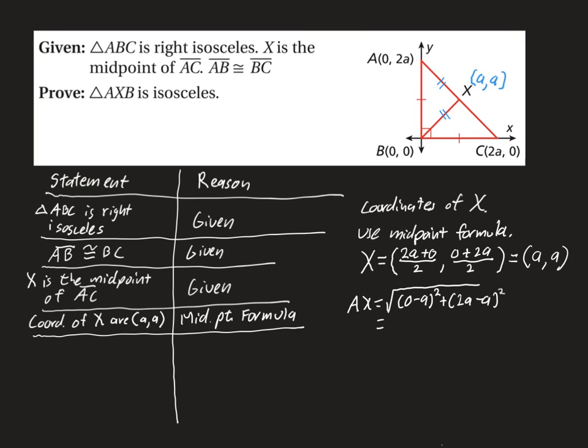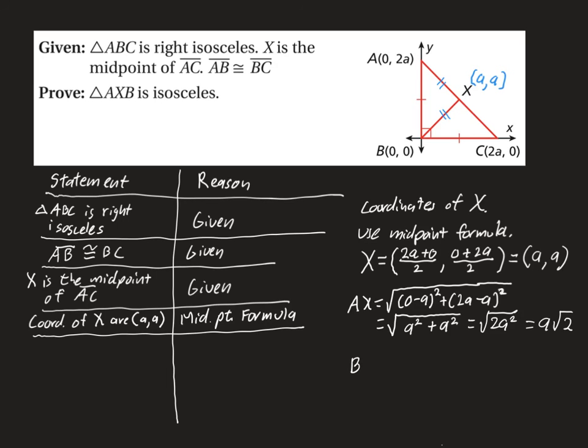So now we can simplify that to the square root of a squared plus a squared. Now simplify down to the square root of 2a squared. And then you can pull out that a squared out of there, so you get a times the square root of 2. So that is the length of AX.